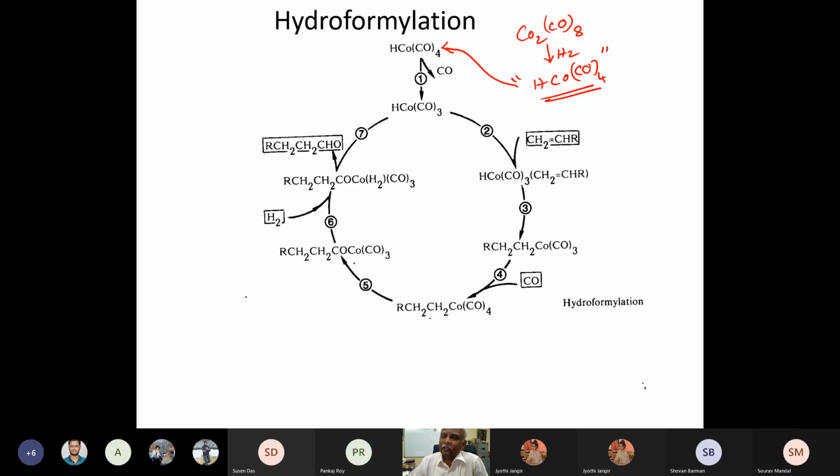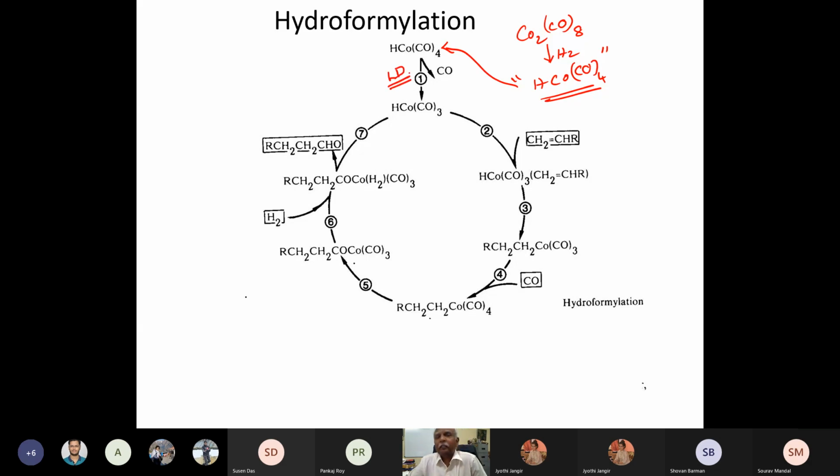They can start off the reaction with any species of cobalt with a high pressure of carbon monoxide and hydrogen and generate HCo(CO)4. Now, the first step would be, of course, ligand dissociation.